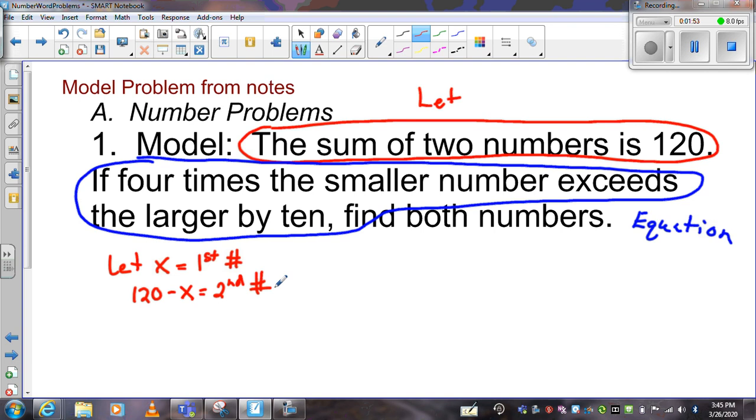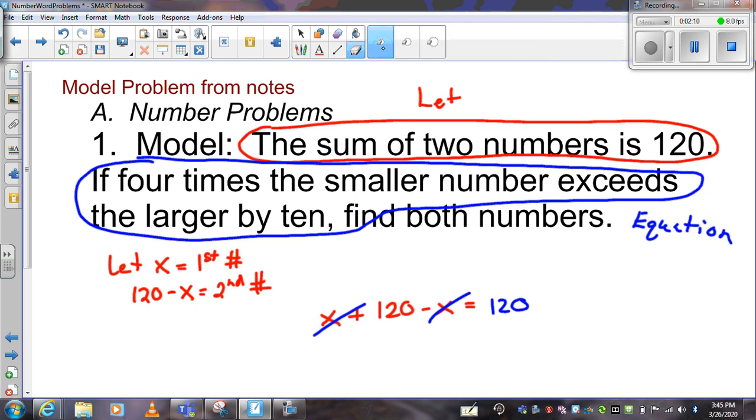If you recall, the sum of the two numbers has to be 120. If you add x plus 120 minus x, these cancel and they total 120.